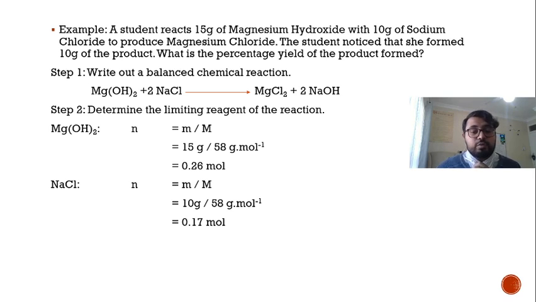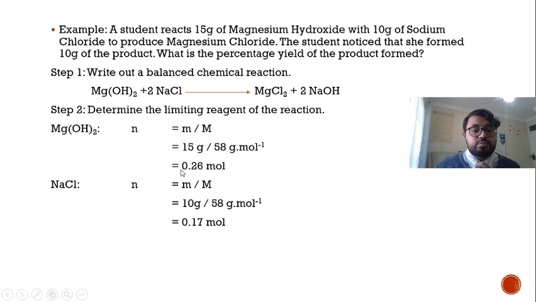Okay, now what was our second step? We have our moles. Now we look at the stoichiometric ratio and we divide our reagent number of moles by the stoichiometric ratio. So what that means is magnesium is 1. Magnesium has a 1 here.